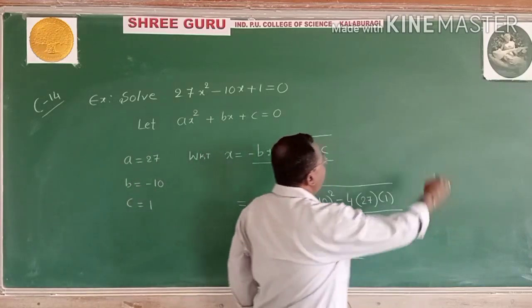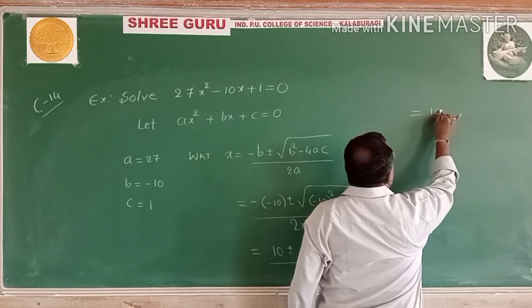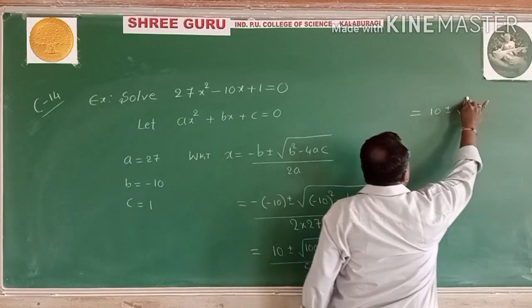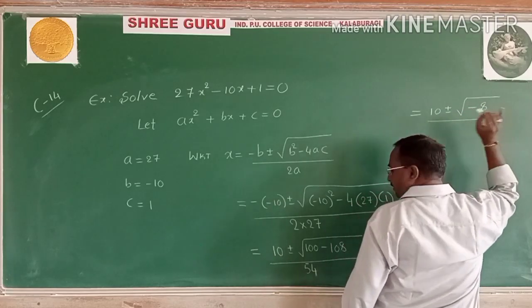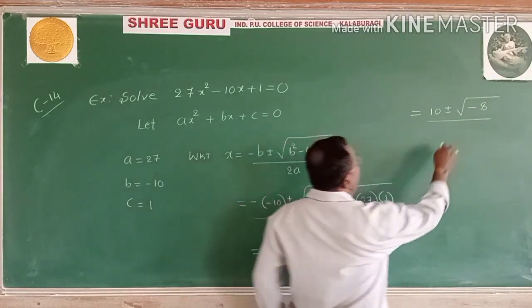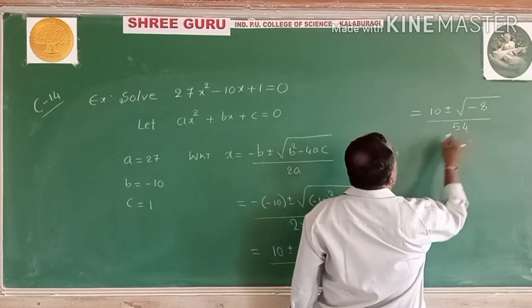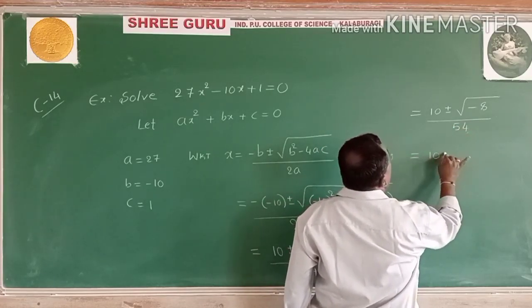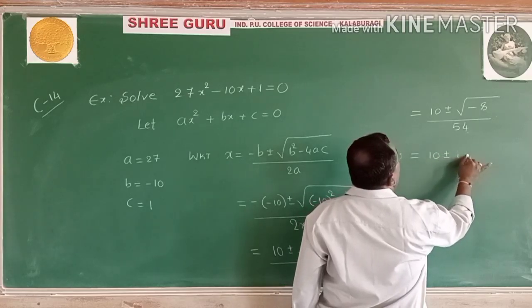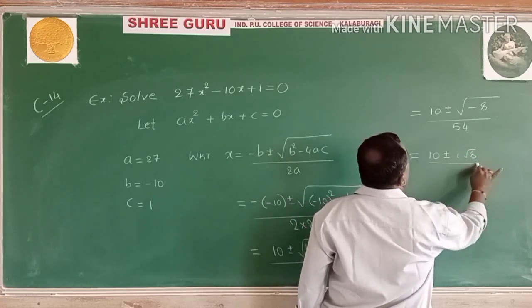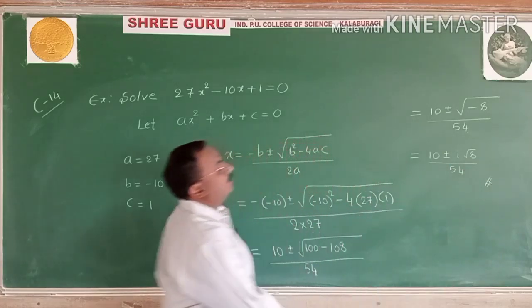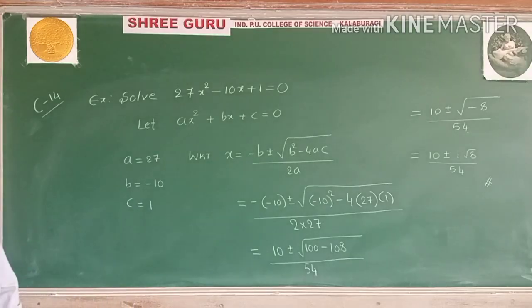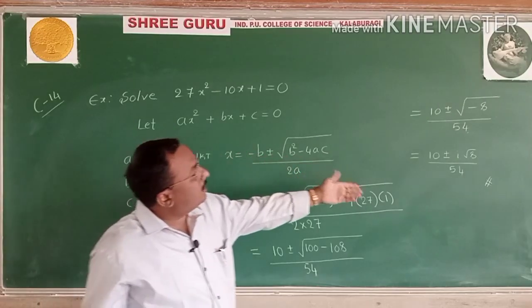Which is 54. It is equal to 10 plus or minus root of minus 8 divided by 54, is equal to 10 plus or minus i times root 8 divided by 54. This is the quadratic equation solution. Simplify that one: 10 by 54 and root 8 divided by 54.